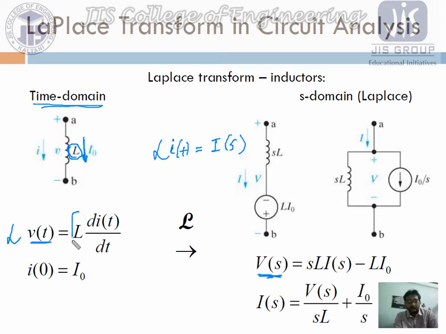Similarly, for this case, we are taking the Laplace of this overall function. Here L is nothing but the inductor value, and it's multiplied with the derivative of this function I of t, its first derivative.